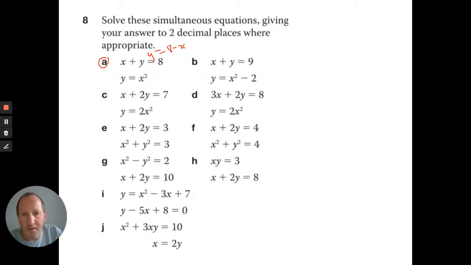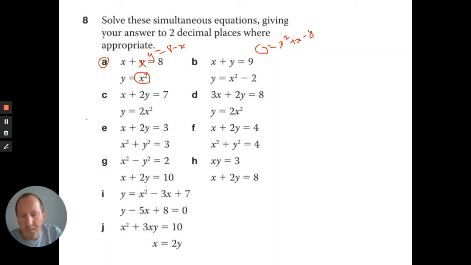If I know that y is equal to x squared, I can replace y by x squared and produce a quadratic: x plus x squared equals 8. Move that around to create a quadratic, so I get 0 equals x squared plus x minus 8. So I've taken the 8 over there to leave 0 here, then solve this in one of the four methods that we looked at previously.